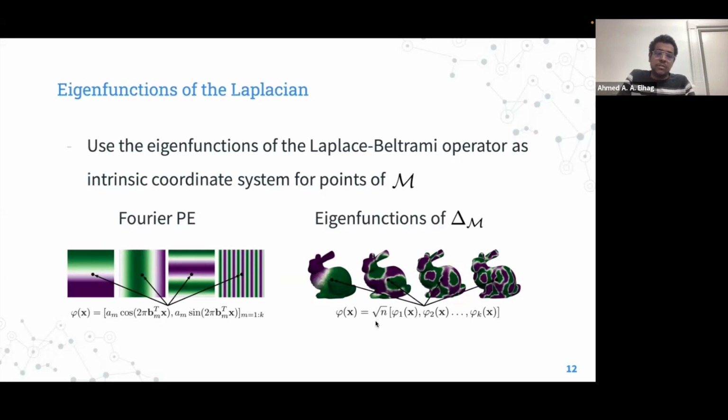This normalization gives you some robustness to the resolution of the mesh. So we will see later that you can train at some resolution, and then you can test or do inference at very high resolution, up to 4 times the resolution of the training mesh.